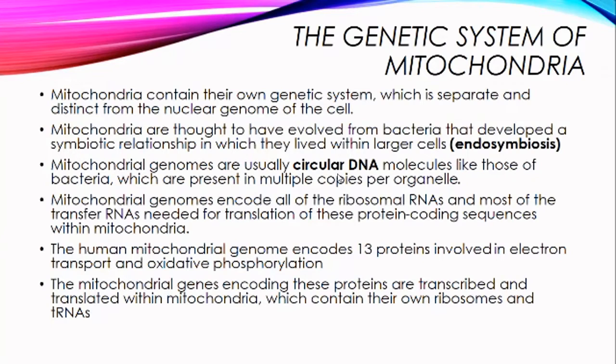While in mitochondria, it is circular na DNA. Ito singular din ito. So, para talaga siyang bacteria. So, it has a close relationship with the bacteria, and which are present in multiple copies per organelle.